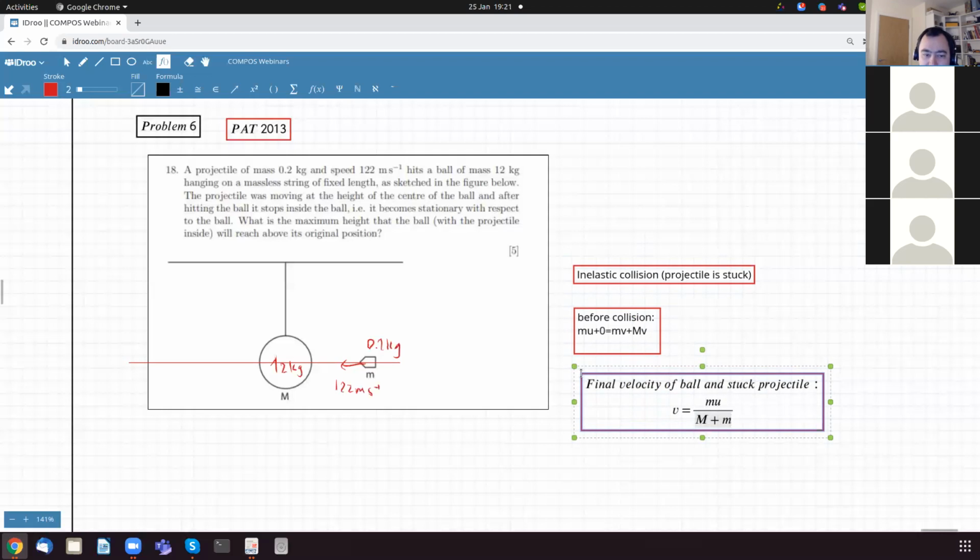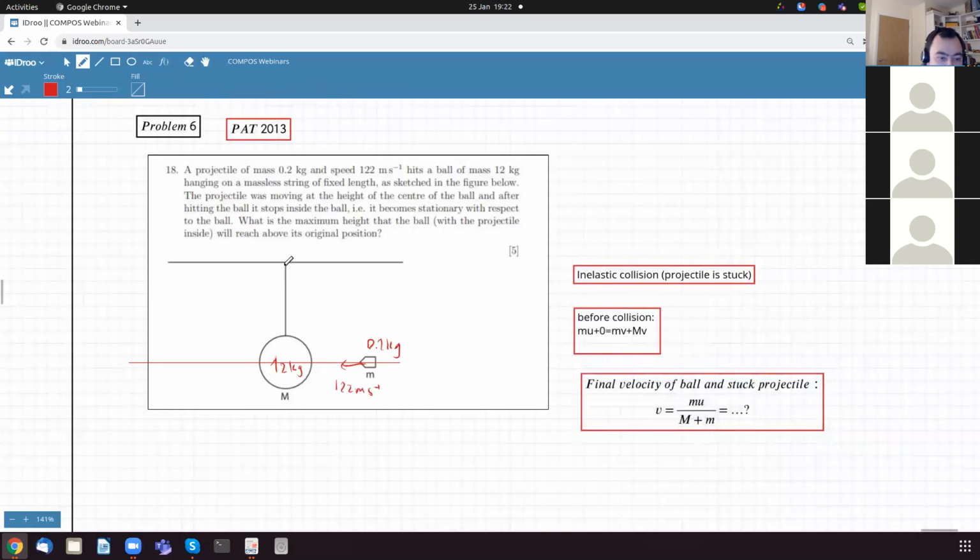And of course you can calculate the speed at this point, because you know the masses and the initial speed, you know all the values. I'm going to leave it, and I'll do the substitution at the last minute.